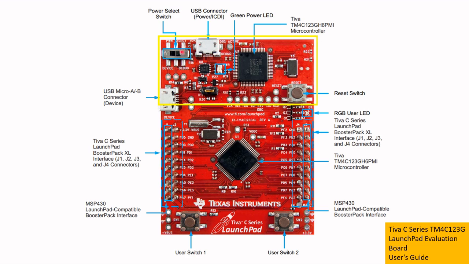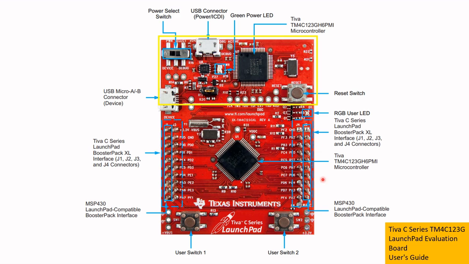You can power the whole board either from the power ICDI USB connector, which is this one here, or from the USB device connector here. Also on this ICDI portion of the board, you have a green LED to indicate power.